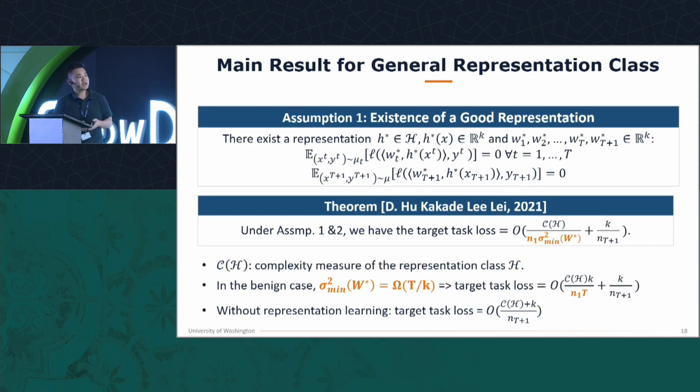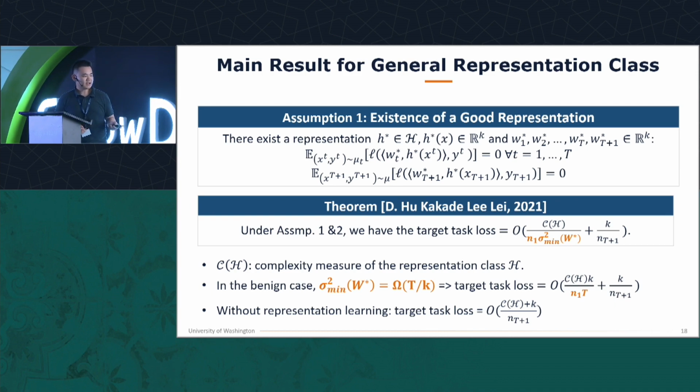We also have a more general result where we have a general function class, H star. We have a similar result here, and instead of dk, we have some complexity measure of this function class, C(H), which can be the Gaussian width of this representation function class.